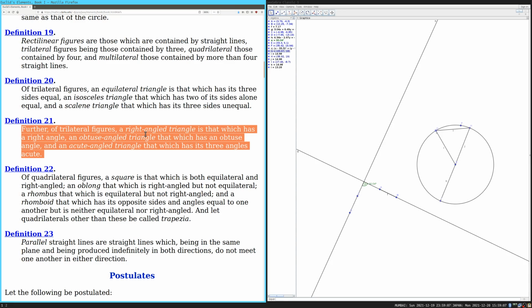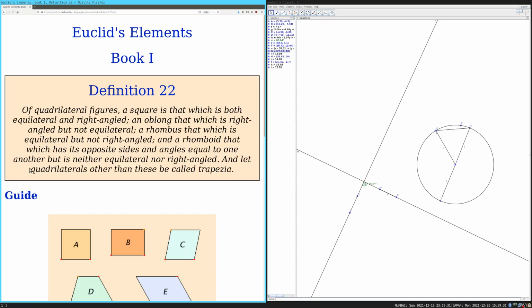A rhombus is equilateral but not right-angled. Also like a parallelogram. Right, or like a diamond would work in that case. A parallelogram, I think. Let's look at this.